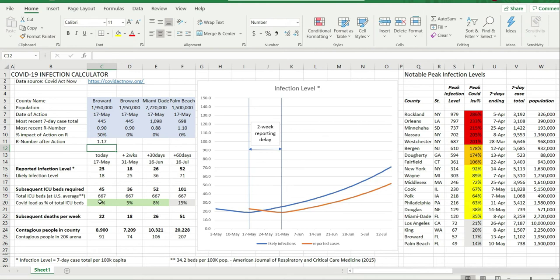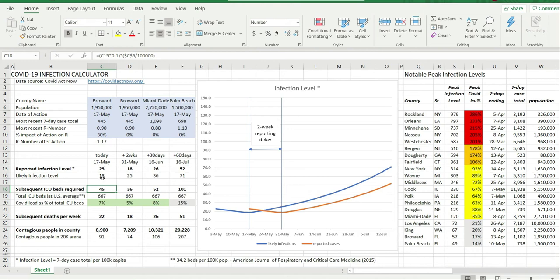So you can see down here, we can actually calculate how many specific ICU beds are going to be required because we're running at this rate of infection. We have this level of infection right now. And that's based on the typical hospitalization rates that we've been seeing with COVID so far.